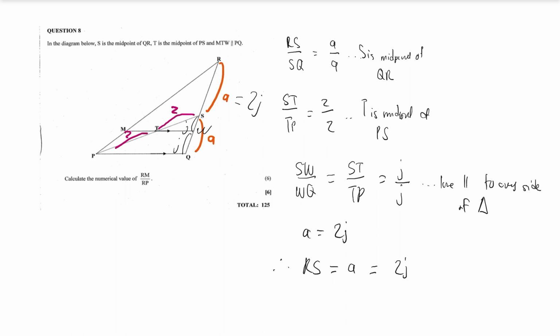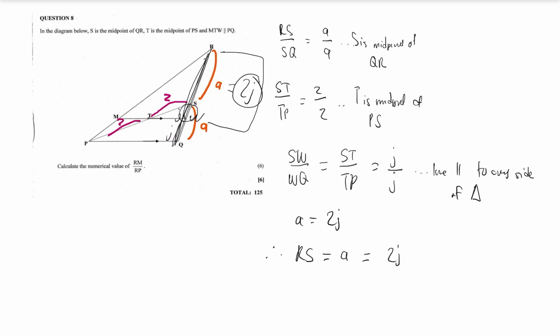And for RW, I now have 2J plus this small J over there, which makes RW 3J. As for my RQ, it is equal to this 2J plus this 2J over there. So it's going to be 4J.